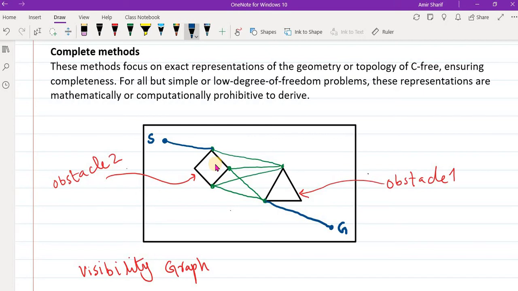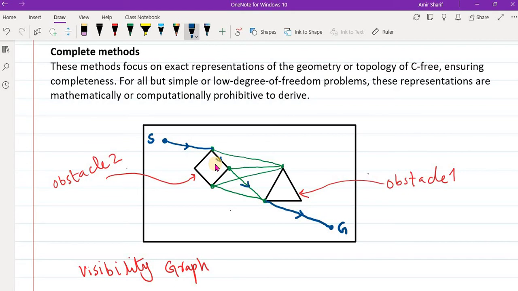So now your robot can reach from your start position to your goal position just by following this path. It will start from here. It will go from here to here, and then from here it will just follow the shortest path. It will go from here to here, then from this vertex to this one, and then from here to here, and then finally it reaches the goal point.